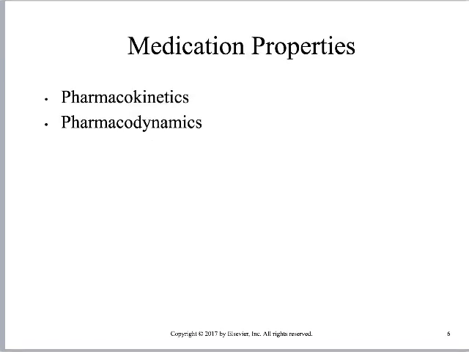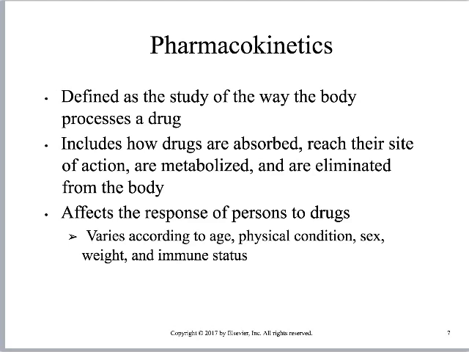Okay, two basic properties that we need to be familiar with: pharmacokinetics and pharmacodynamics. With pharmacokinetics, what we're talking about is the way that the body processes a drug, right? So things like how it's metabolized and then eliminated from the body.